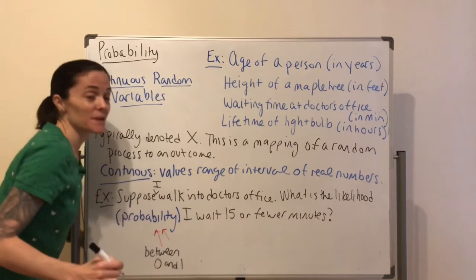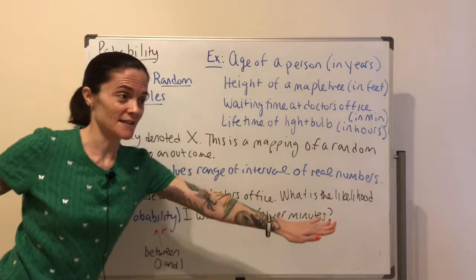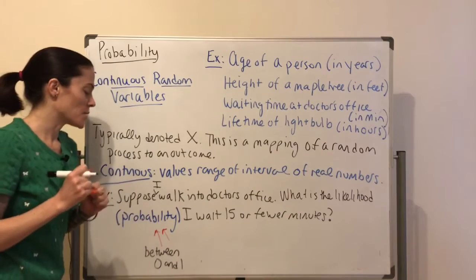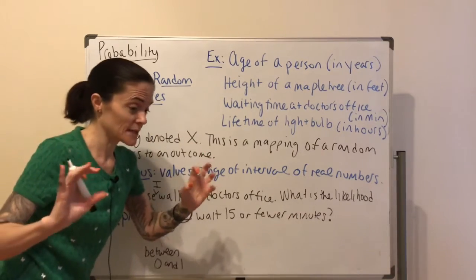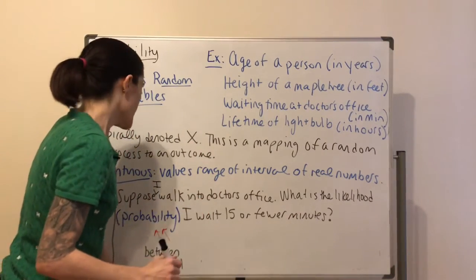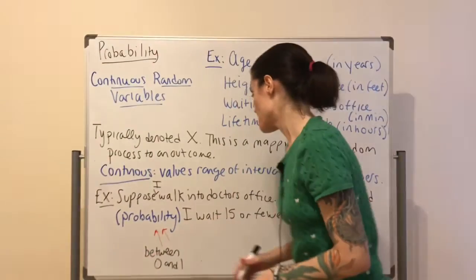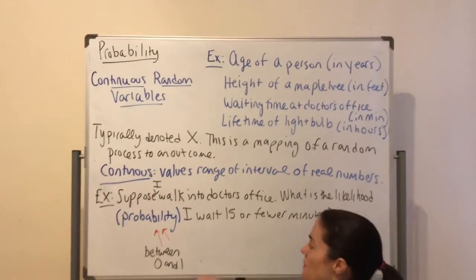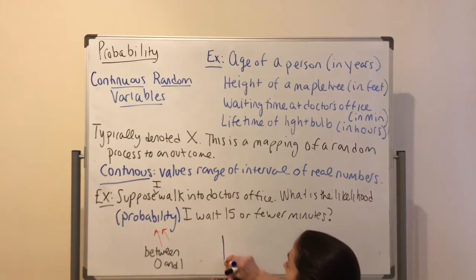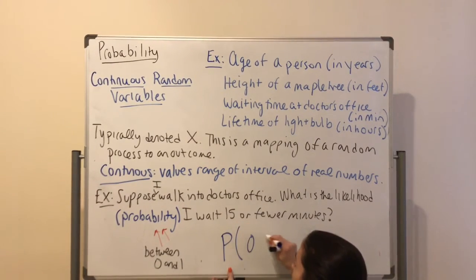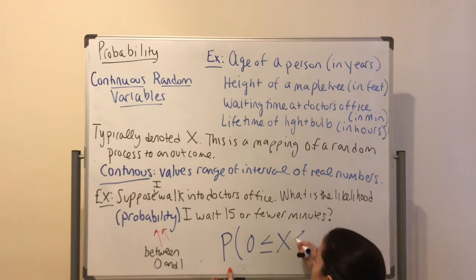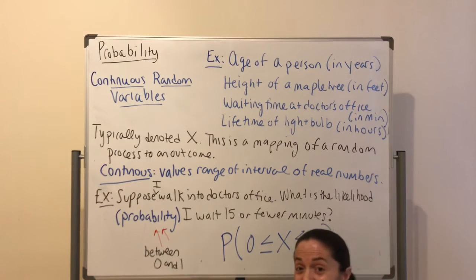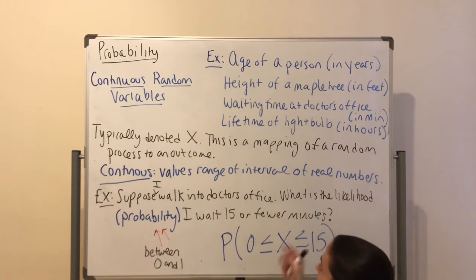If you have probability 0, it says there's no chance that it happened. If you have probability 1, it says 100% that will happen, okay? And the notation here, if capital X is this random variable, is the probability that 0 is less than or equal to X is less than or equal to 15. Okay, so this is the notation for this question.